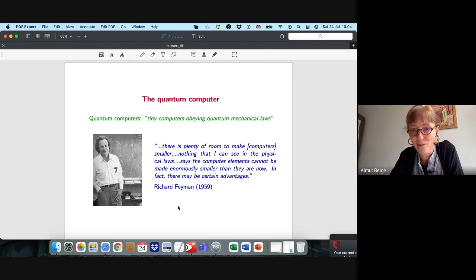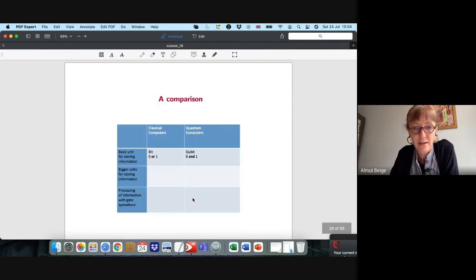Even if you have a computer, if you want to describe a system that has more than, let's say, 50 atoms, it becomes very hard to do using all the microscopic interactions, and we need a lot of approximations and techniques to still get good predictions for experiments. So he realized that if you had a computer that would behave exactly like the problem that you want to solve, like the quantum system itself, it would be much easier to make predictions of the physics of these quantum systems. So there would be a lot of advantages there.